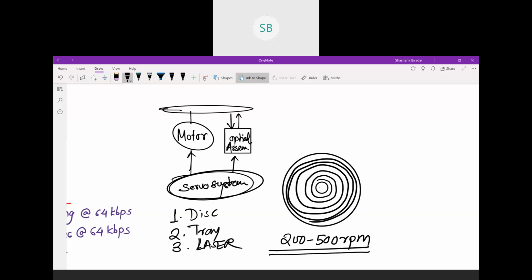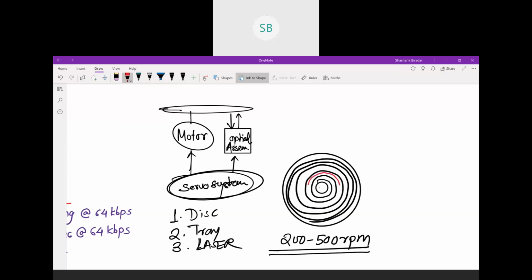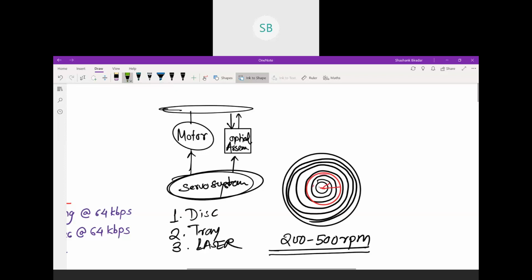This variation exists because when you are reading the data at the center location, let us consider this region, you have a very small radius. The radius is very small within this region of tracks. But when you go to the middle part, the radii are quite larger.